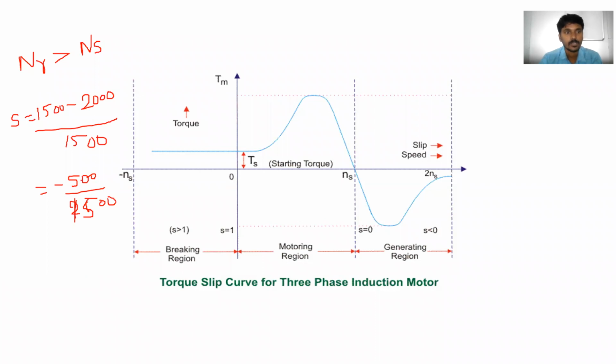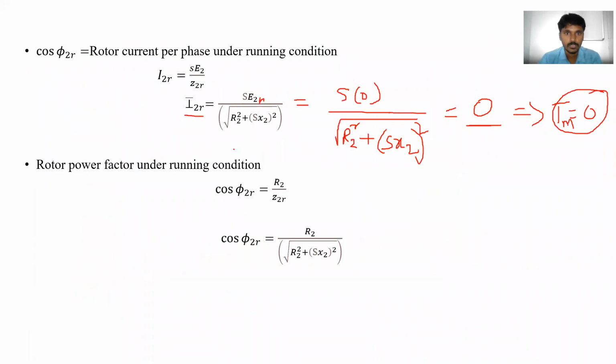Clear? So this is 1 by 3, meaning minus 1 by 3, minus 0.33. We are getting the slip value as minus 0.33. If the slip is negative, it means the current goes negative.